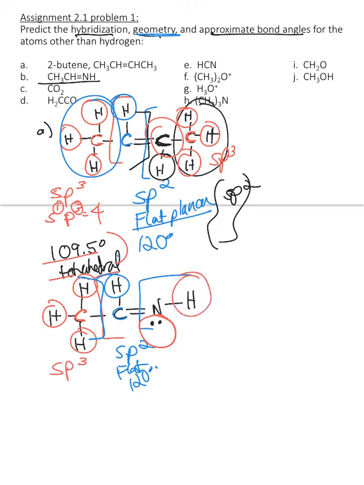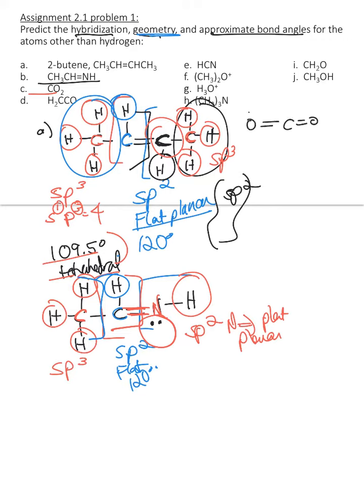So that's 1, 2, 3, so that's sp2. Nitrogen's sp2, and that would be flat and planar. And you'll see whenever you have a double bond, so you have multiple bonds, you're going to have either sp2 or sp3.